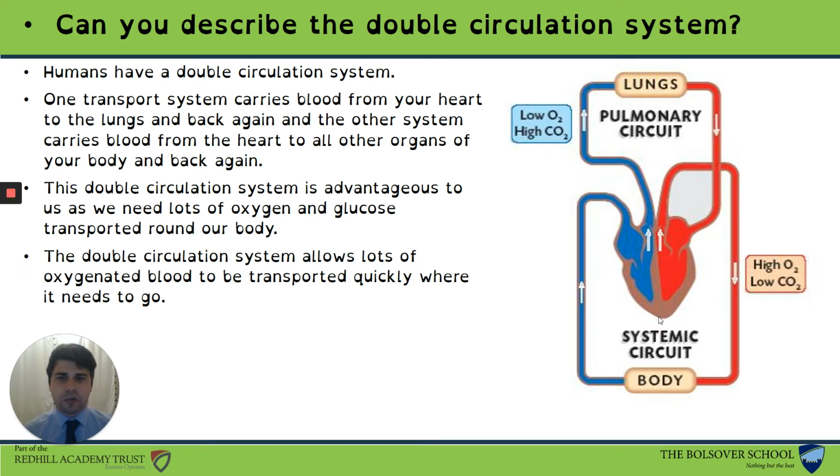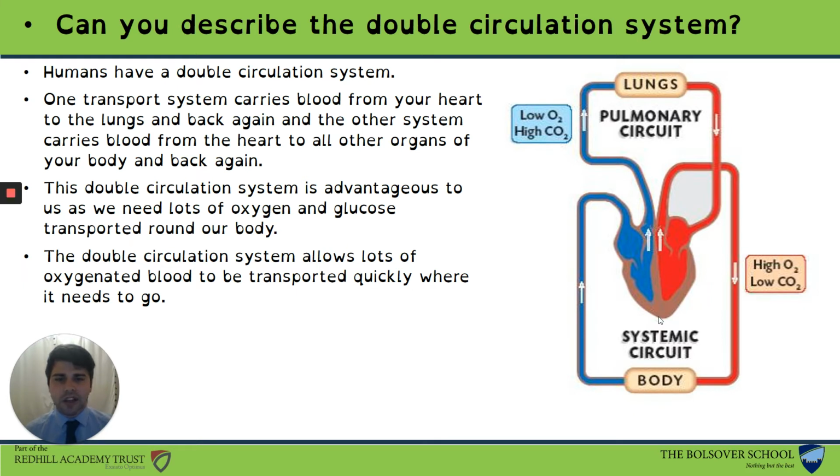One of those transport systems, as you can see if you look at the arrows, carries blood from your heart to the lungs and back again, and the other system carries blood from the heart to all of the other organs of your body and then back to the heart again. So you've got two pumps. So that's what we mean by the double circulation system. We've got two separate transport networks, if you like.